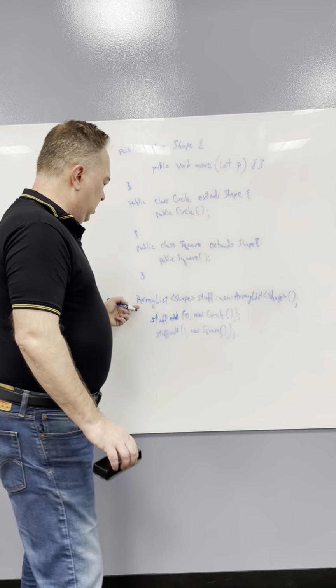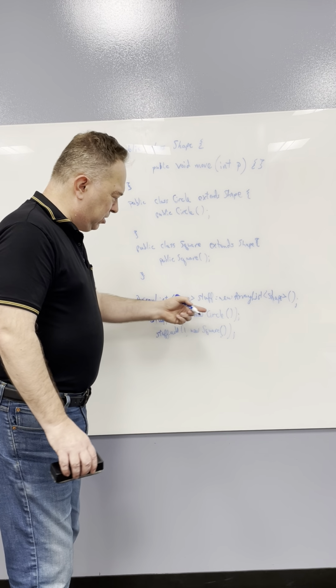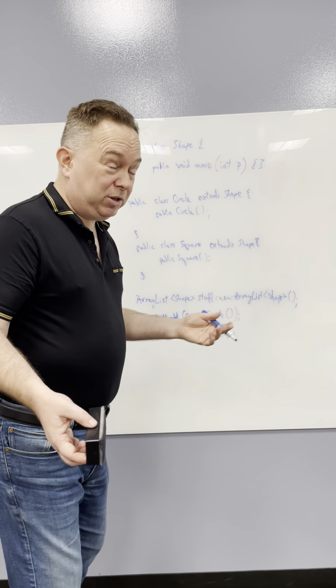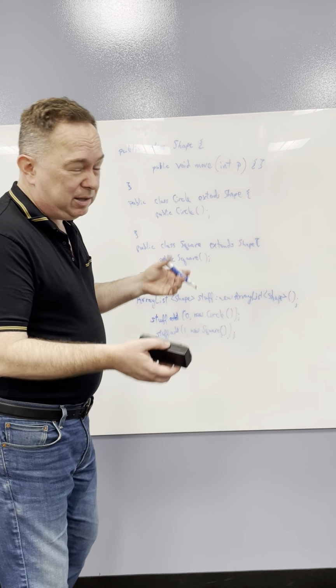Okay, so create an array list of shape. I put a circle in there, put a square in there. They're both children of shape. That works, subclasses of shape.